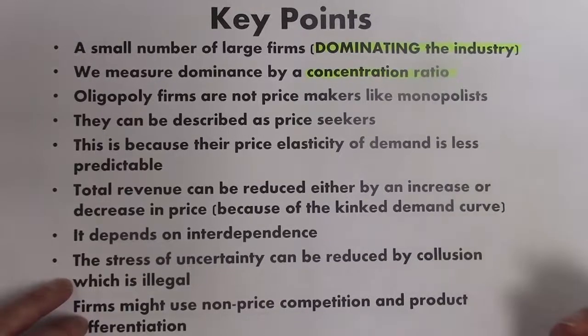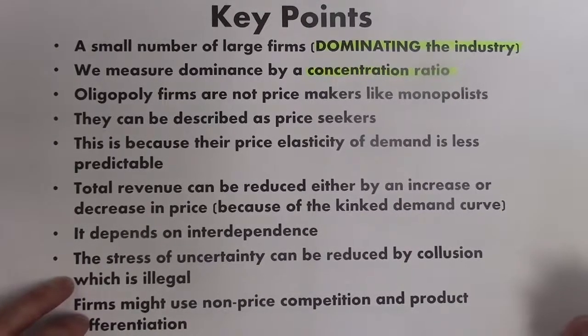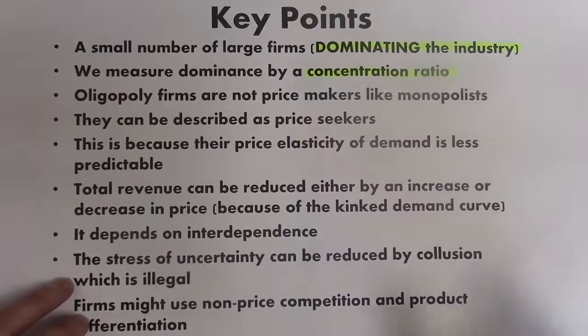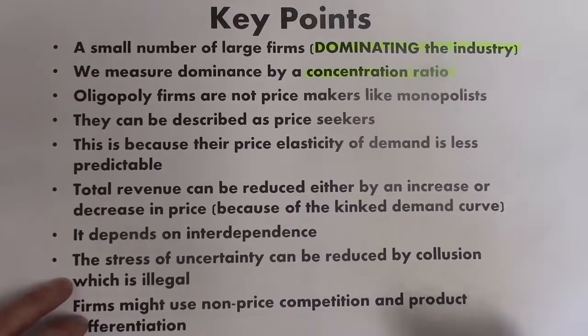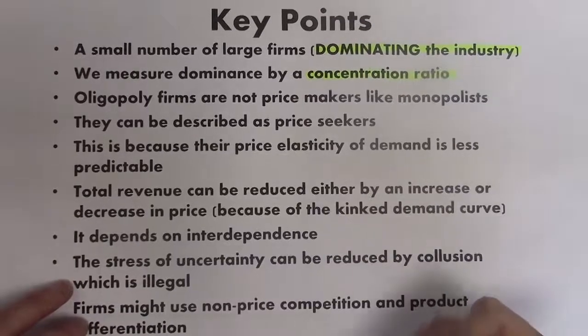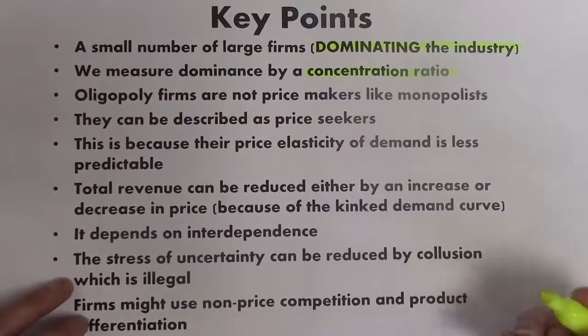Notably, they'd have more control over price than perfect competition, but they're not deemed to be price makers, theory-wise anyway. Some oligopoly firms, because of their large degree of dominance, would be deemed as having some control over price. When we look at the kinked demand curve, we will see that they can change price, but what would the impact of that be? Would it really be in the best interests of the organisation?